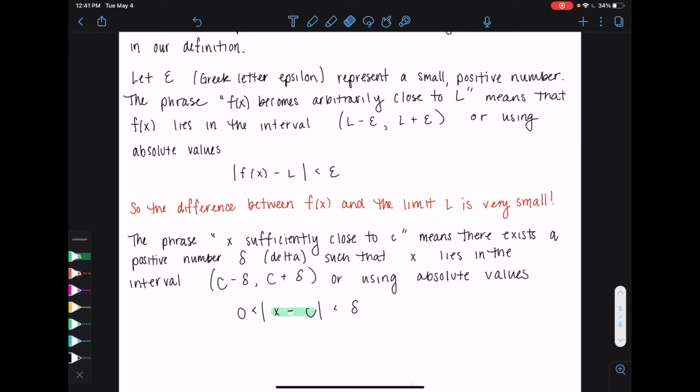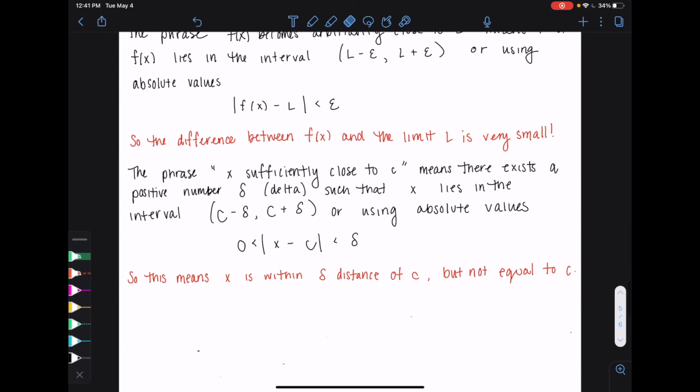So pretty much x is within delta distance of c, but also has to be positive so it can't equal c, which is what we want in the limit. I don't care what happens at that specific number, just nearby.